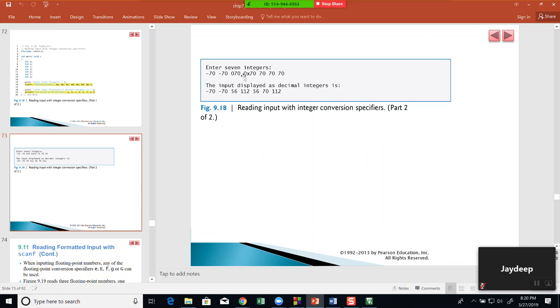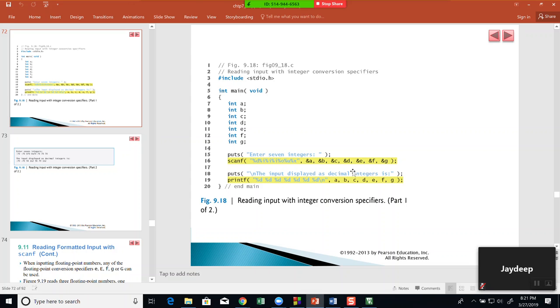Putting 0x before the hex. 70 in hex, that's like 7 times 16 to the first, plus 0 times 16 to the 0. 7 times 16 is 112? Yeah, 112. Why in the world is that coming up with 56? Oh, because it's looking for different formats.